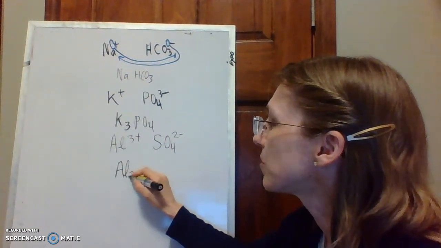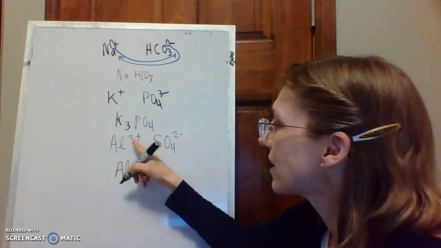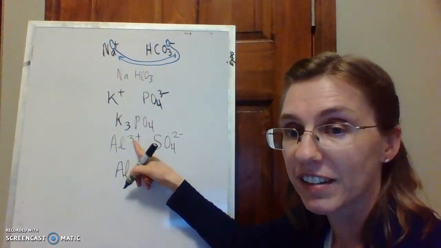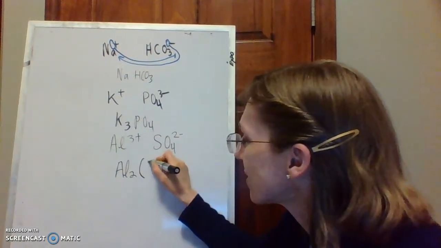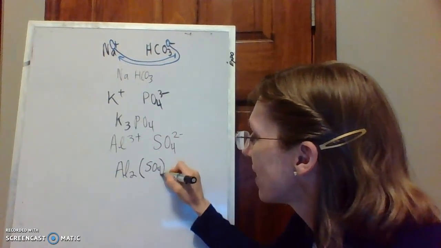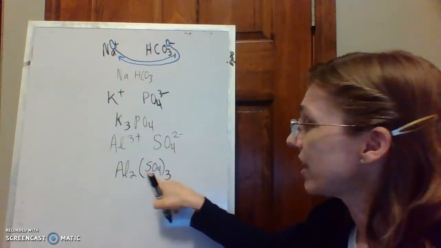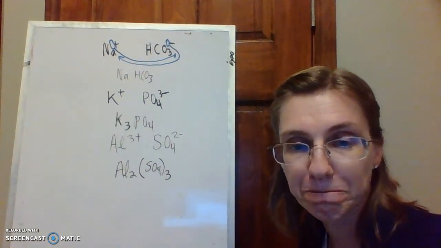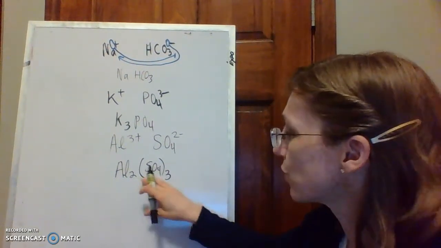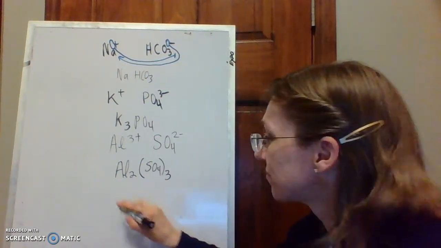Aluminum, subscript 2. Now the SO4 gets a 3 subscript. Because it's 3 of the whole thing, we need to put parentheses around the SO4, and then the 3 as a subscript tells us there are 3 of those whole things, the whole polyatomic. Okay. So use those parentheses whenever that subscript is something other than a 1.